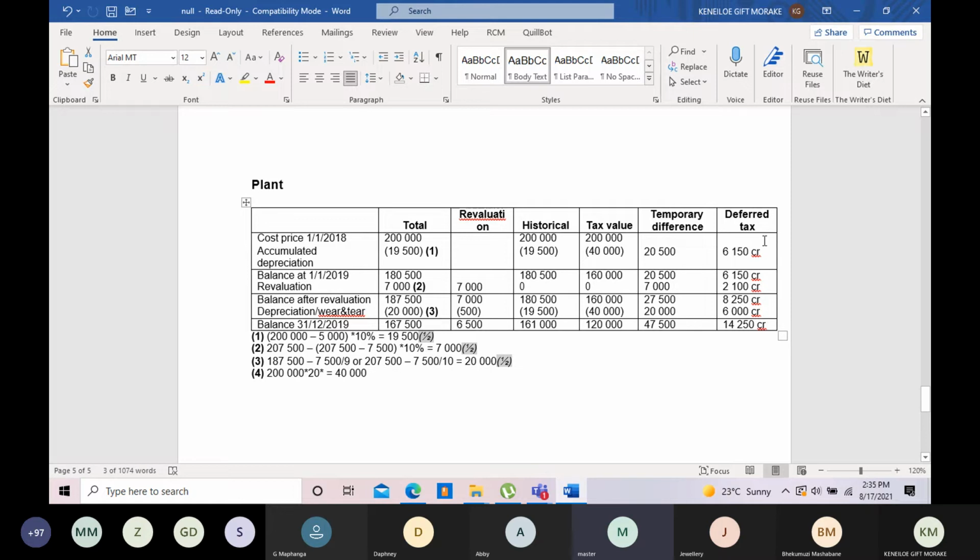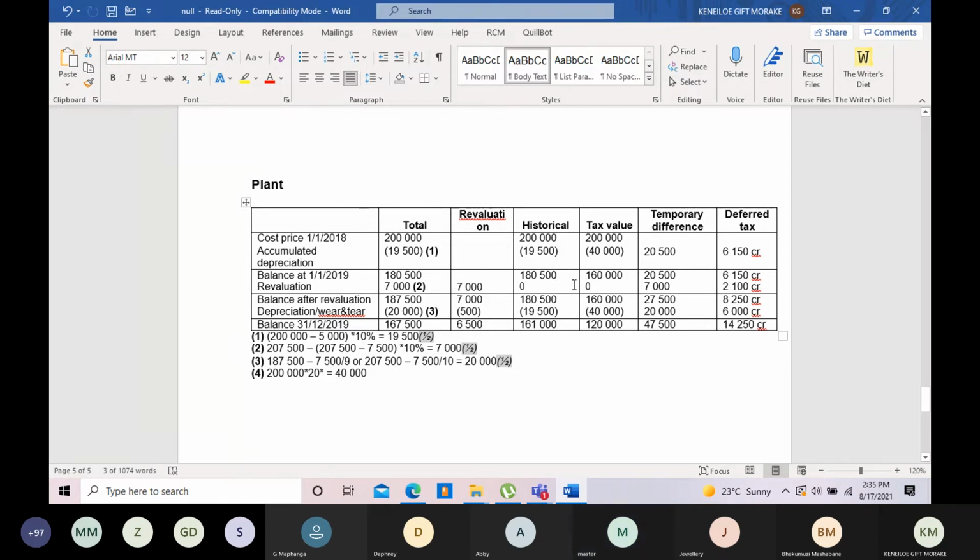Then you calculate the deferred taxation using the percentage. I'm going to come to this one. Now I'm still dealing with the temporal differences to make sure that you understand this. This one, 160,000 minus 180,000, you're getting how much? You get 20,500, the same amount, just because here you don't record the residual value.